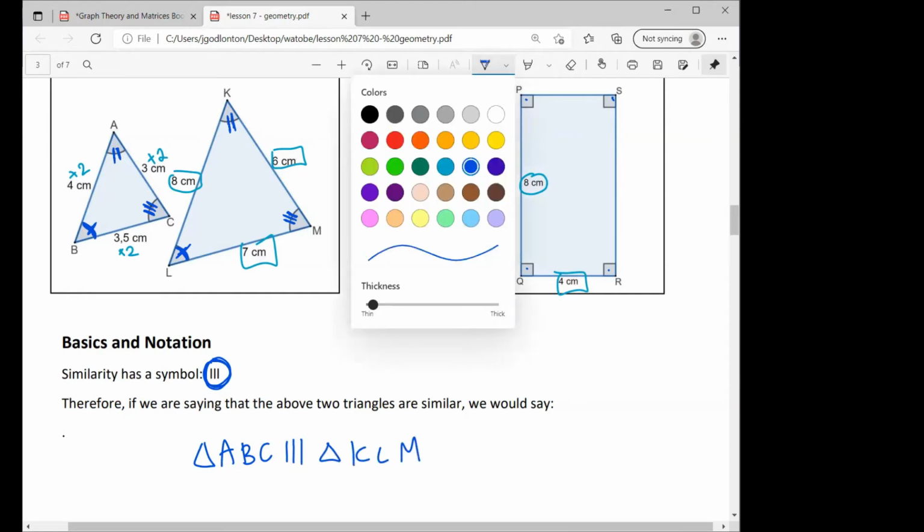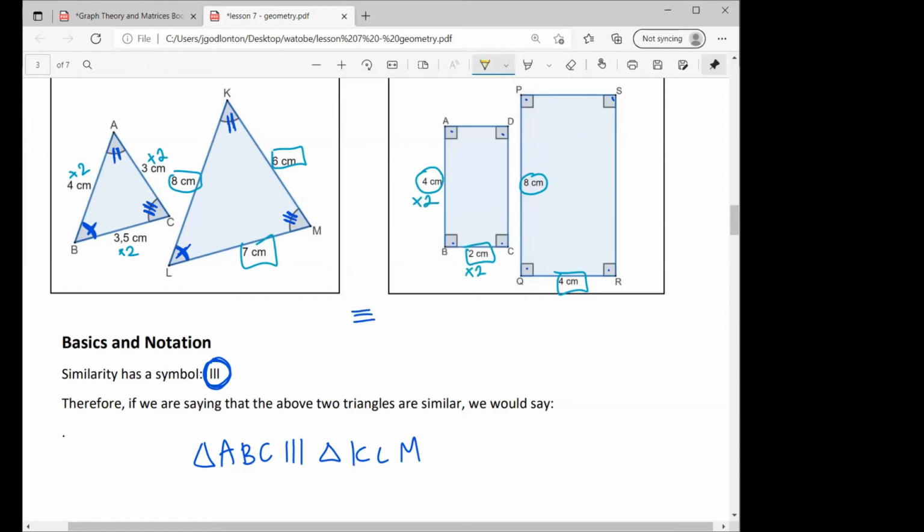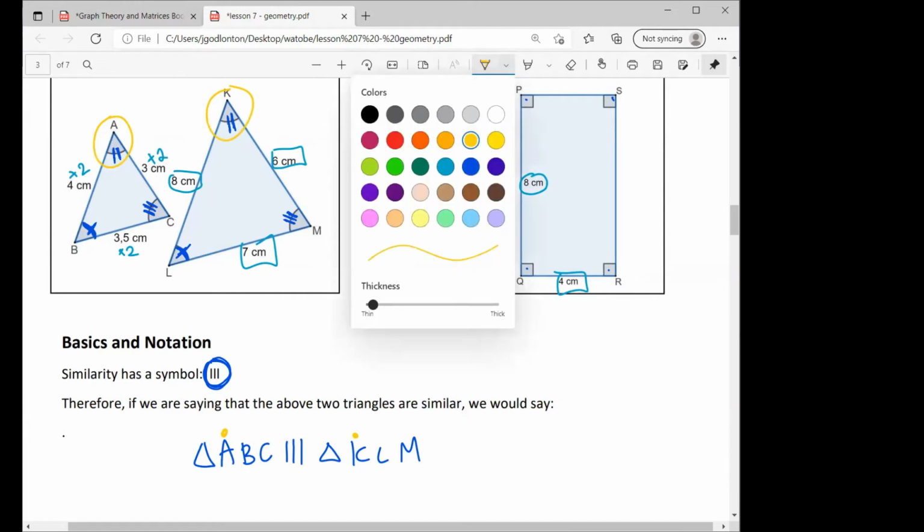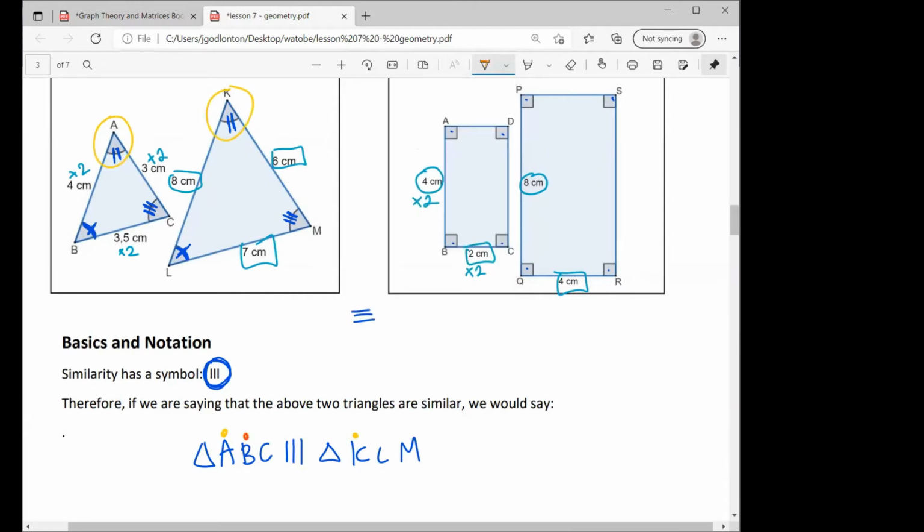In the same way as in congruency, where we have to match up the angles that are the same, we have to do the same in similarity. So angle A needs to be the same as angle K because they are both in the first position, and angle B has to be the same as angle L. It's always about making sure we're putting things in the right position when we're writing these sentences.